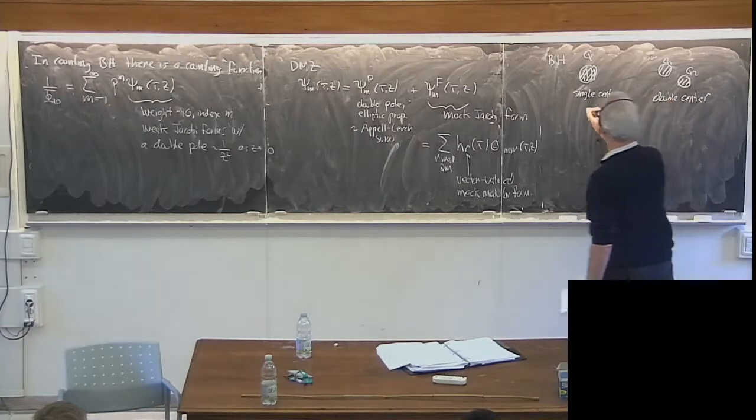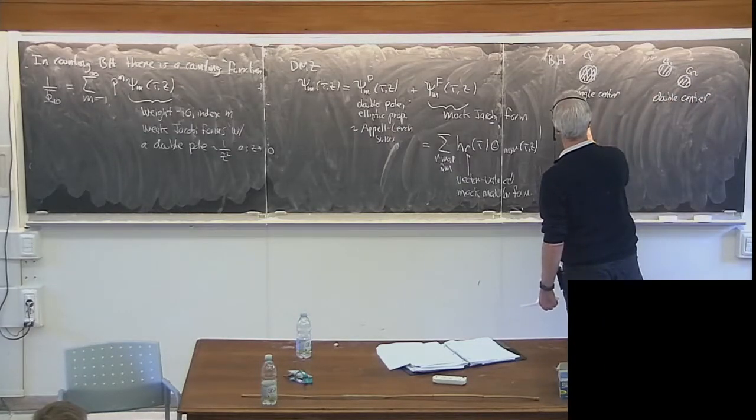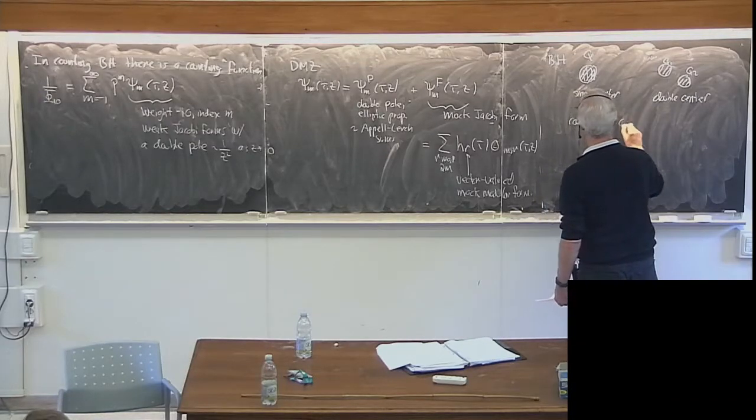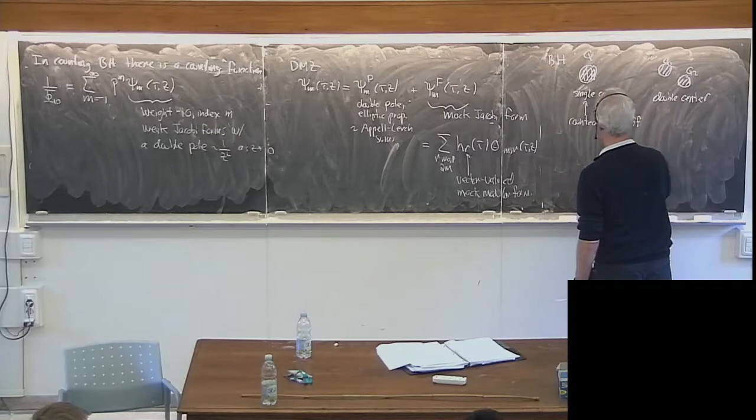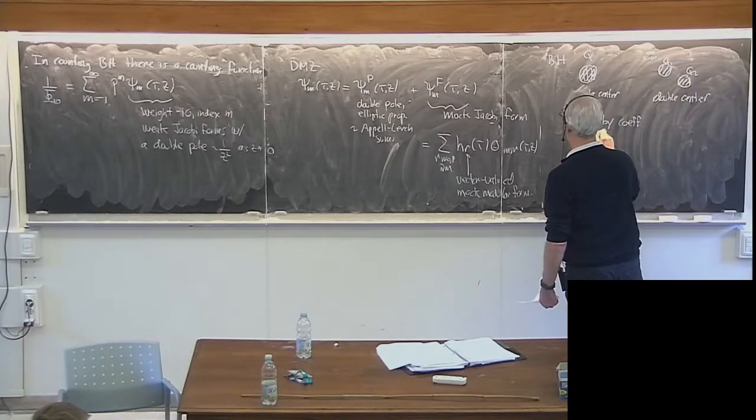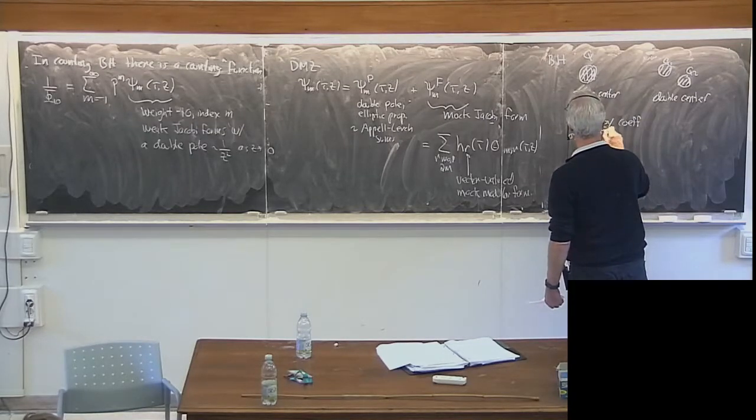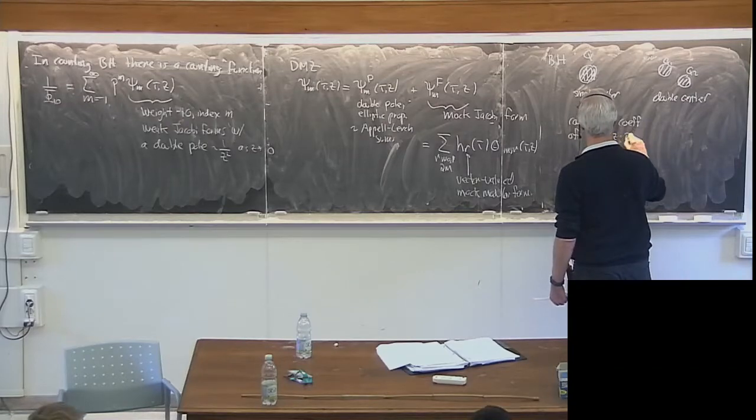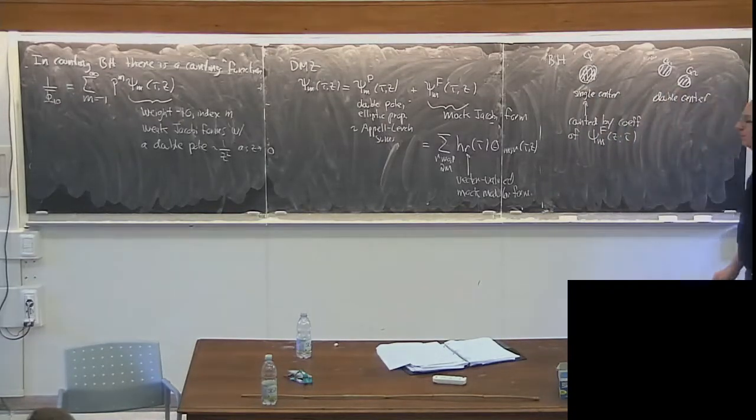It turns out that the single center black holes are counted by the coefficients of this quantity psi^mf of z and tau, this mock Jacobi form.